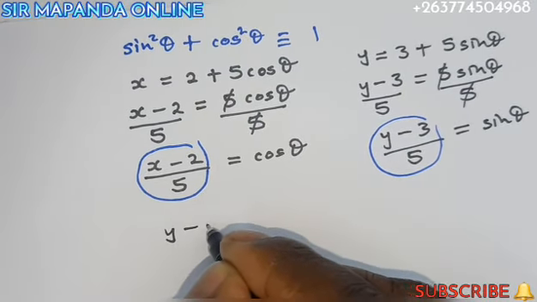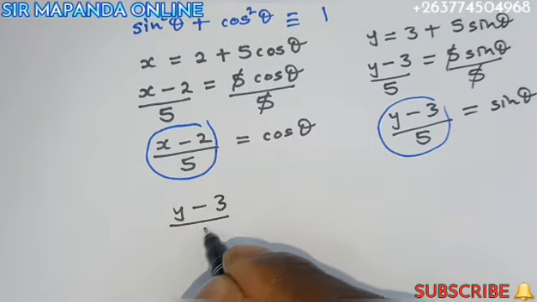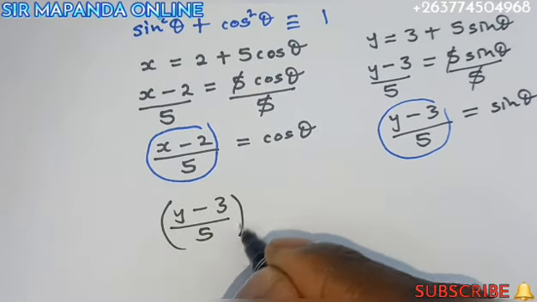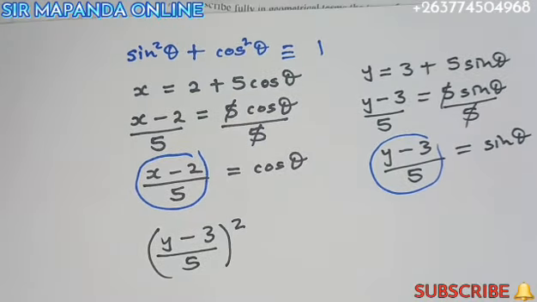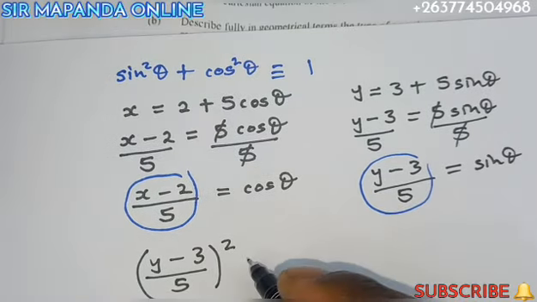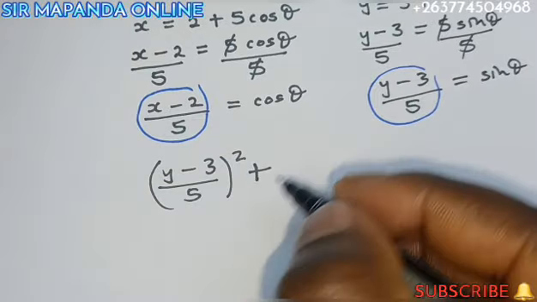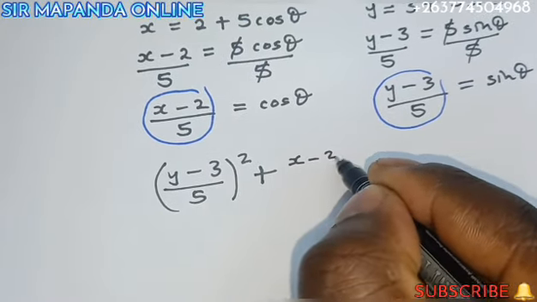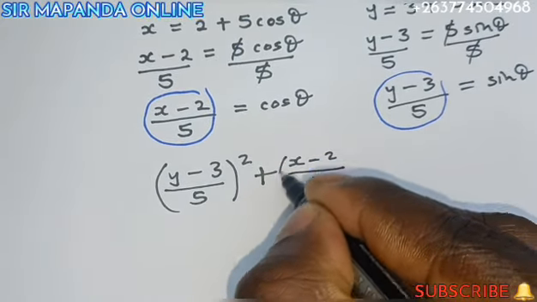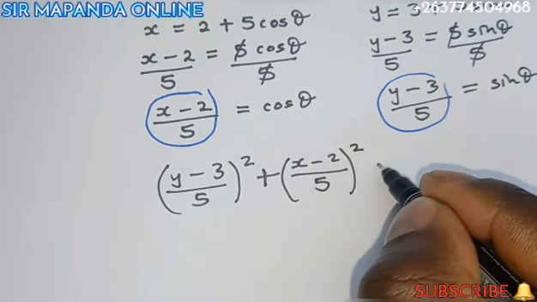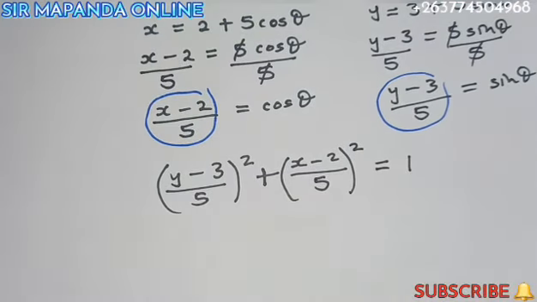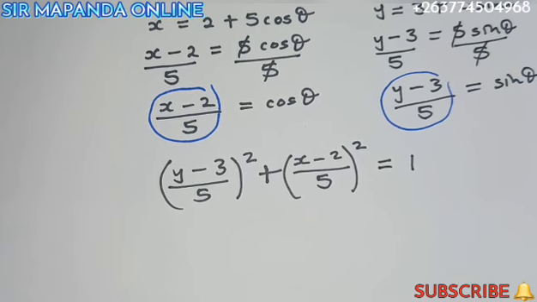You get y minus 3 over 5, all raised to the power of 2. This is sine squared theta. Then on cos squared theta, you put x minus 2 over 5. So you get x minus 2 all over 5, all raised to the power of 2. Then equate these 2 to 1.